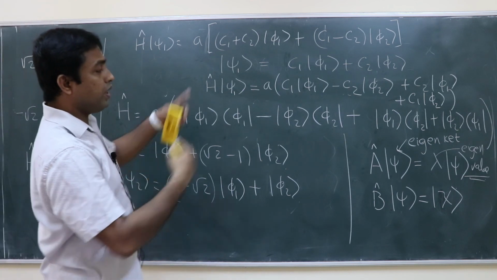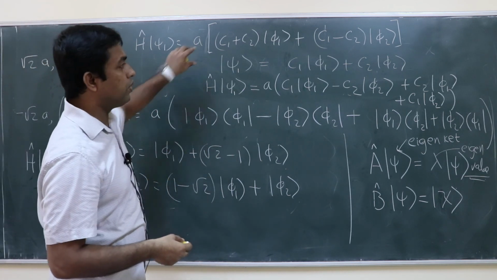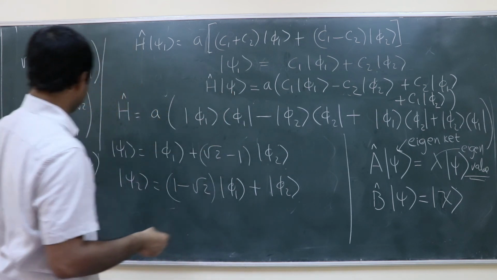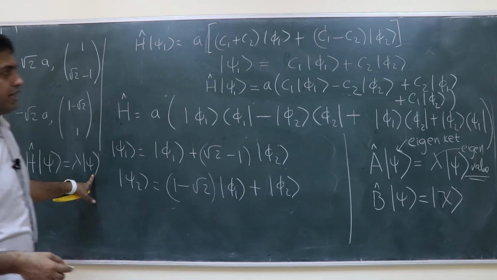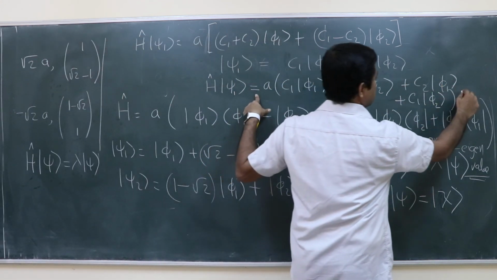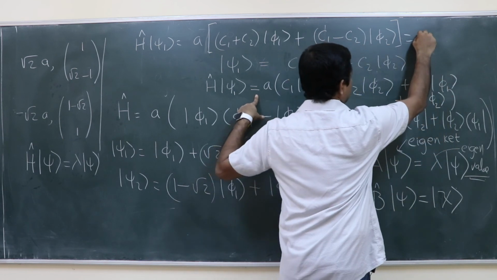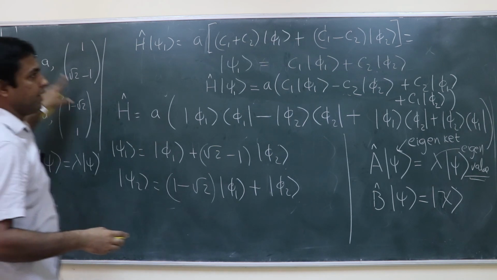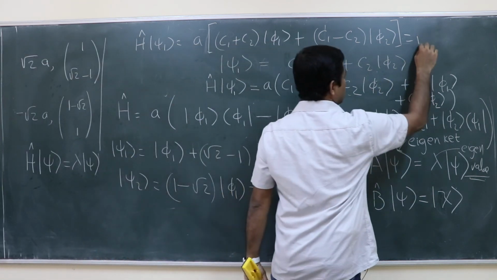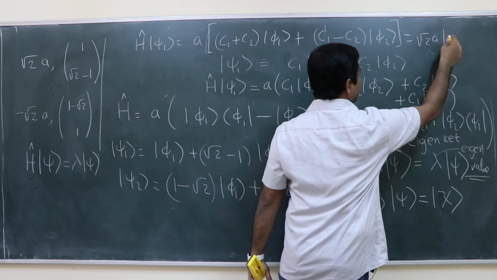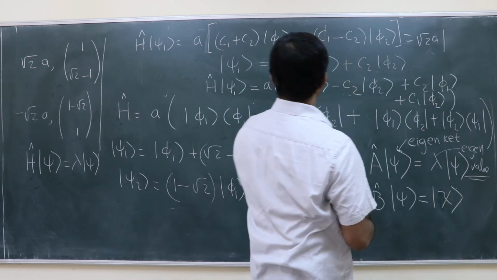What should this be equal to? Because you know that H acting on psi 1 should be equal to lambda psi 1, right? Now you are looking for the eigenvectors for root 2a, so this will be equal to root 2a psi 1. What is psi 1? This one.